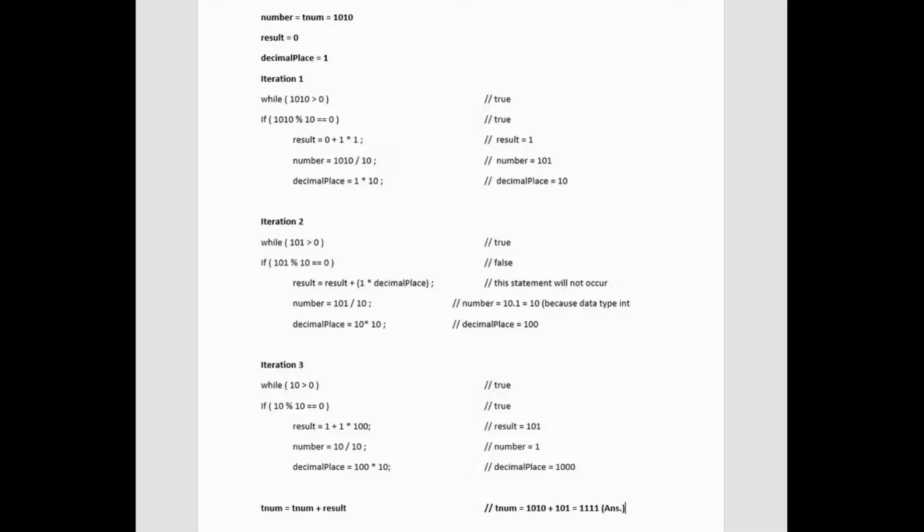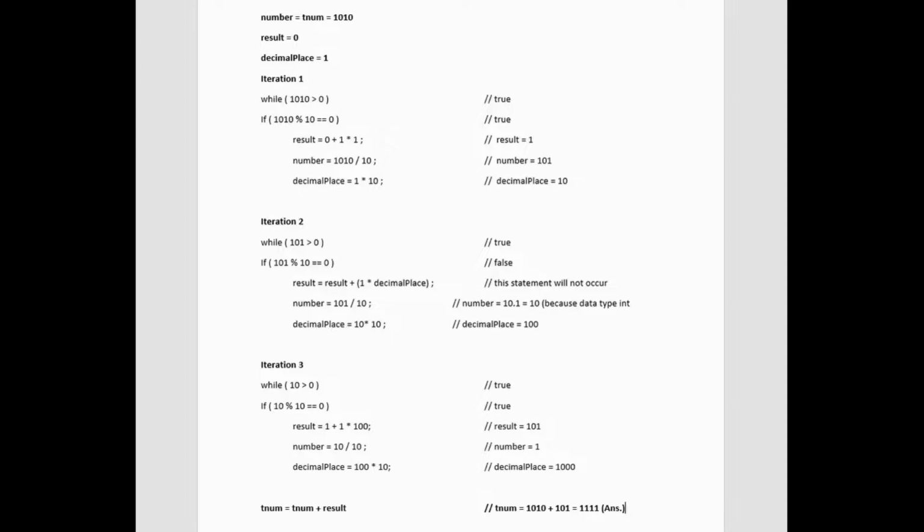Then result equals result plus 1 into decimal place. The current value of result is 1, as you can see from iteration 1. So 1 plus 1 into decimal place. What is the value of decimal place? That is 100. 1 plus 1 into 100 will make the value of result 101.